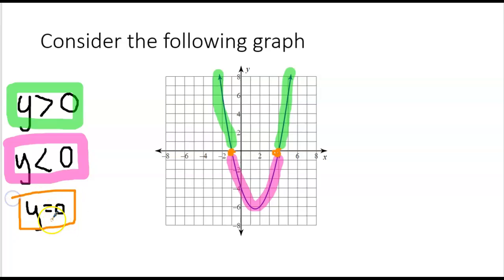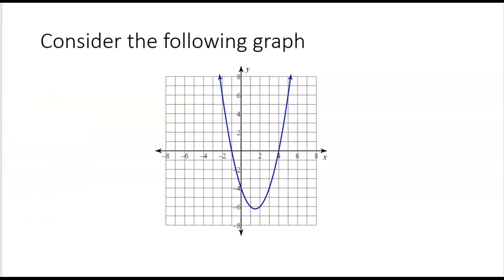So keep that in mind for now. So when you're looking at a graph, y is greater than 0 when it's above the x-axis, y is less than 0 when it's below, and y equals 0 when it touches the x-axis.